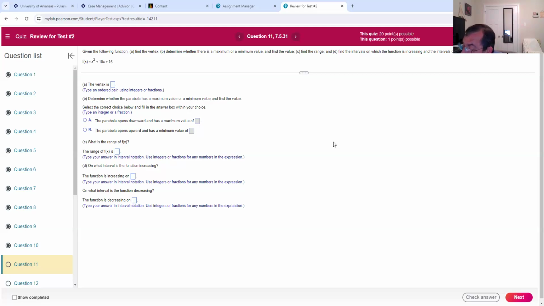So remember, the range was my y values. And then the intervals of increasing and decreasing. The increase and decreasing are going to go off of the x values, okay? So the best thing to do on this one would maybe draw you a little parabola when you figure out what you got.